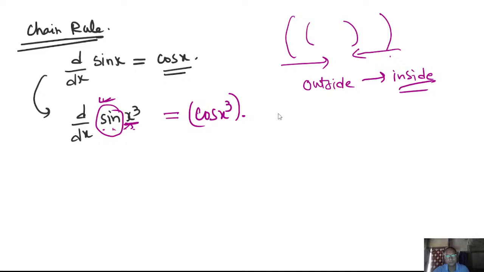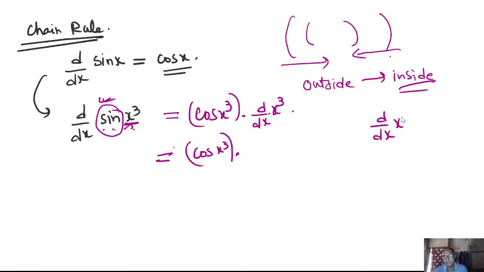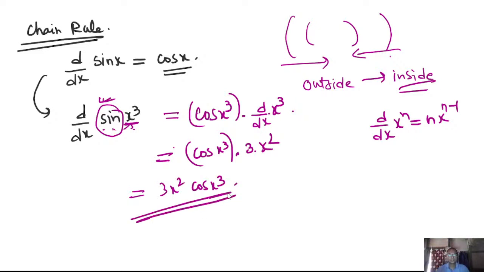Using the formula d by dx of x to the power n is n x to the power n minus 1, the power 3 comes down and x to the power 3 becomes x square. That is 3x square. So what is the answer? 3x square cos x cube. So this is the answer.